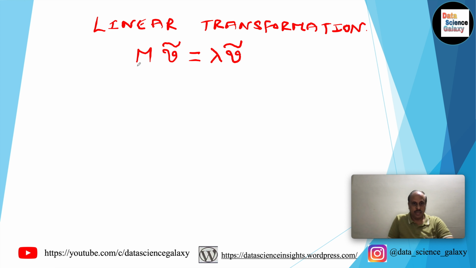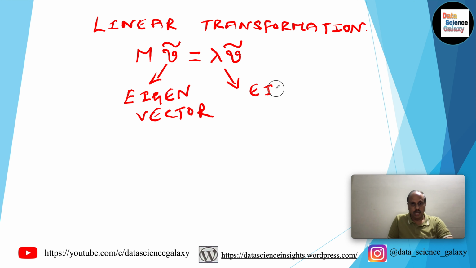Let me repeat. Whenever you multiply a matrix M with a vector and it can be represented as some number multiplied by the same vector, this vector is what we call the eigenvector. This lambda, otherwise a constant or a number, is what is called the eigenvalue.